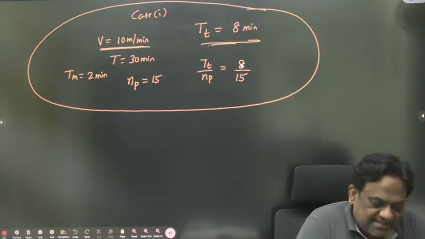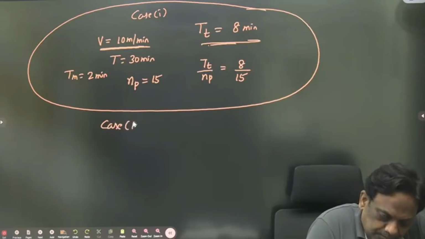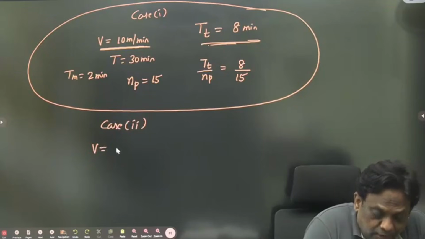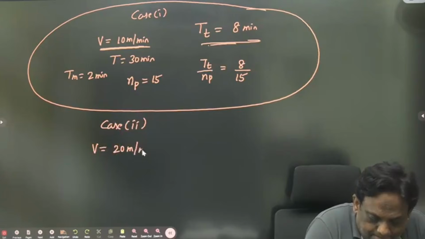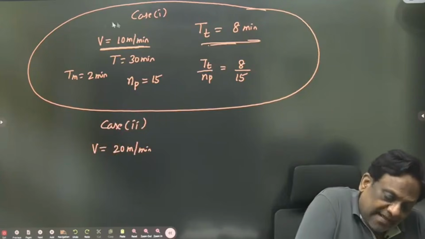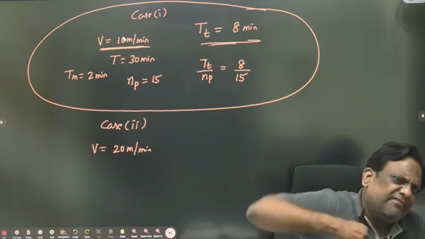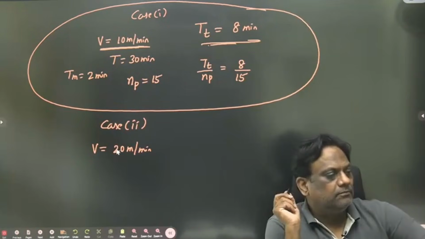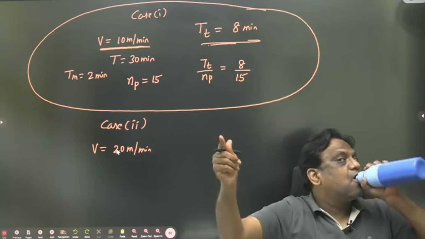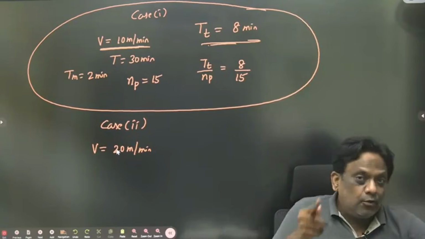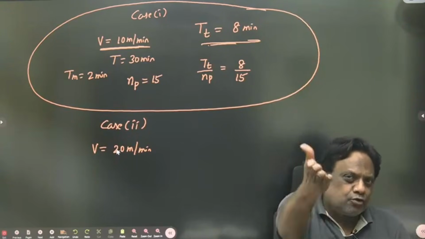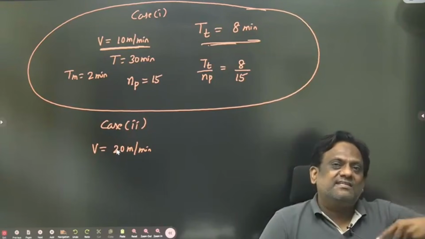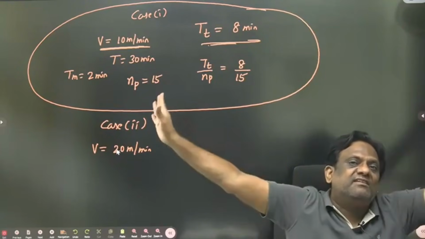Okay, now look, let us take case two. Let us say the cutting velocity has increased. Suppose we increase the velocity from 10 meter per minute. What will happen to the tool life? When I increase the speed, the tool life decreases. I have told so many reasons. When the velocity is increasing, temperature will increase like anything.